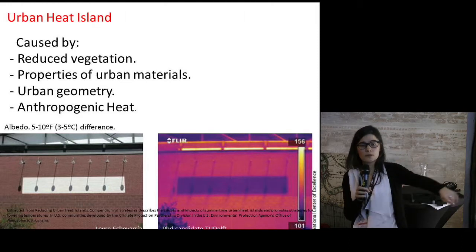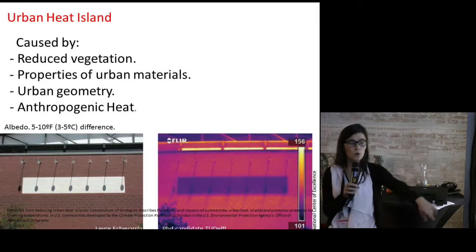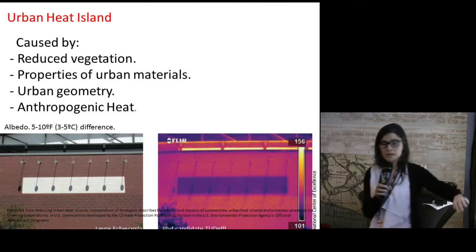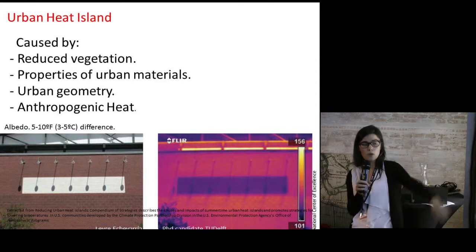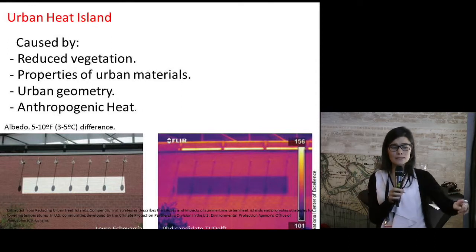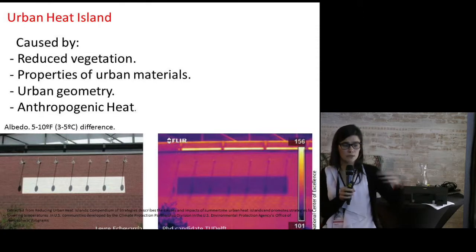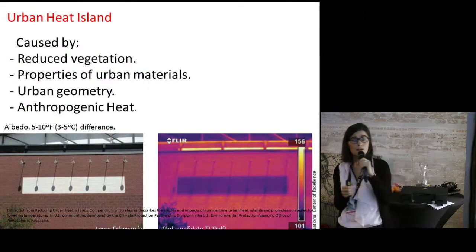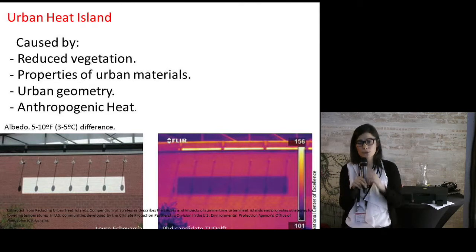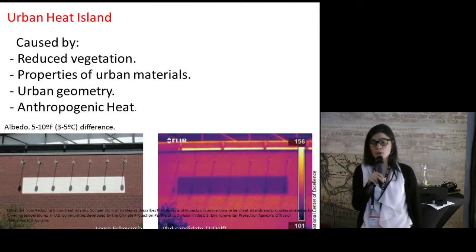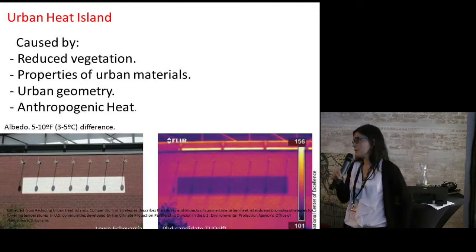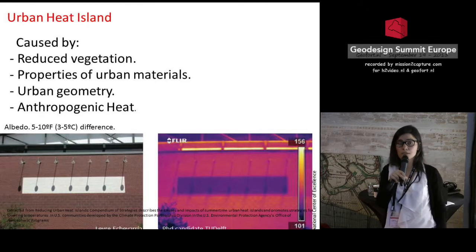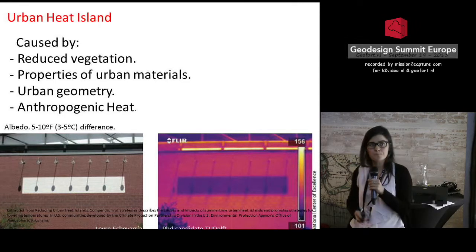We can see the surface temperature measured on that wall, and the effect not just of the white paint on top of the brick wall, but also the effect of the shadow. Other factors that influence this increase of temperature are the reduced vegetation, the properties of the materials, the urban geometry, and anthropogenic heat.